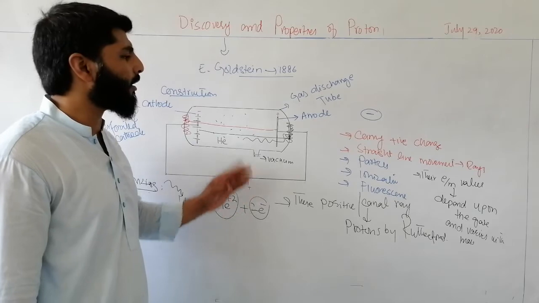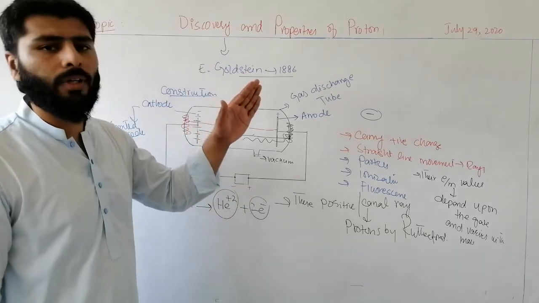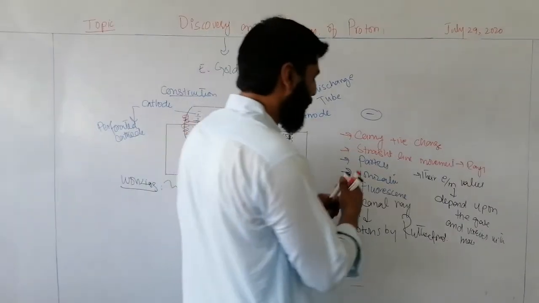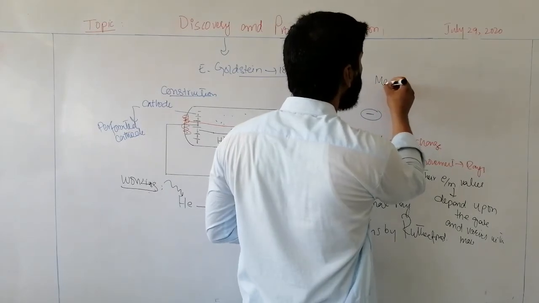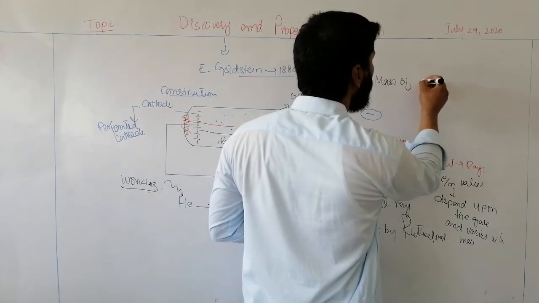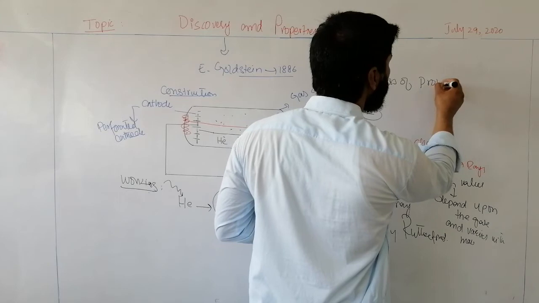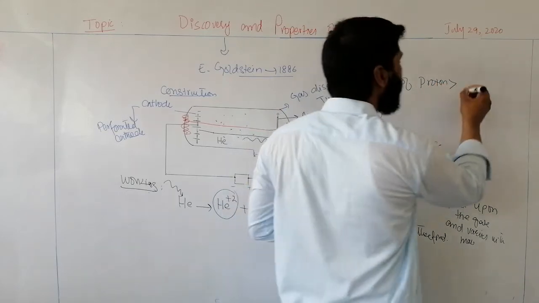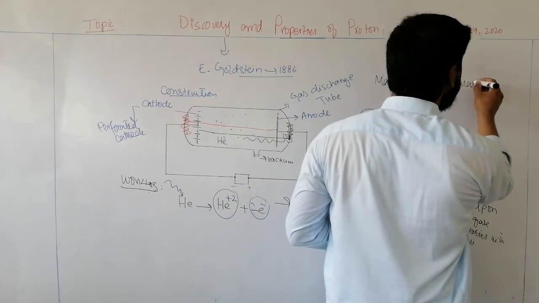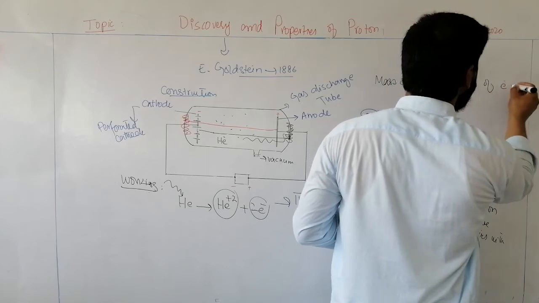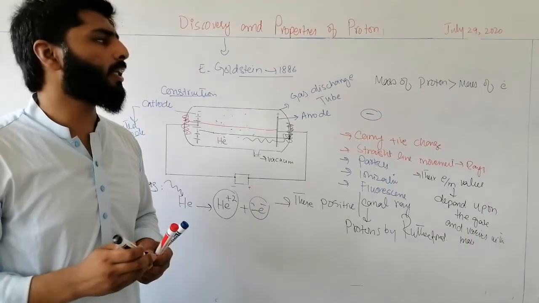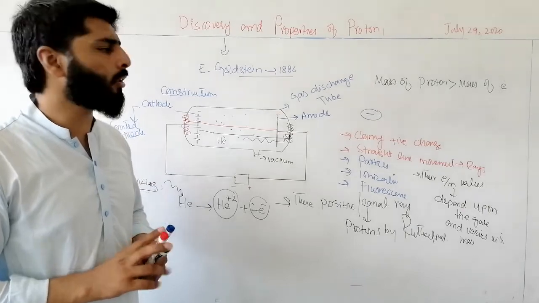And we can say that the mass of a hydrogen atom or mass of a proton or positive rays is greater than the mass of an electron.